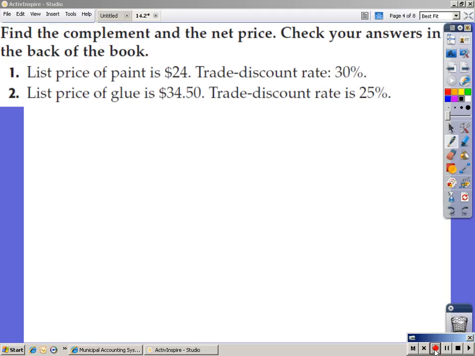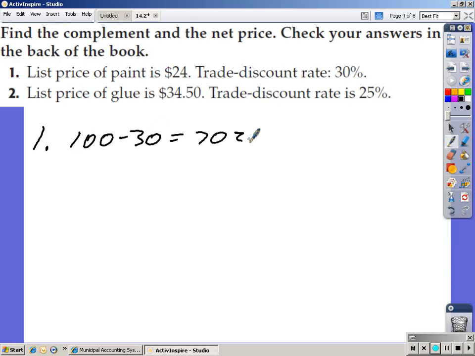Okay, so number 1. The trade discount's 30%. 100 minus 30 is 70%. Okay, so 24 times 0.7 is $16.80.